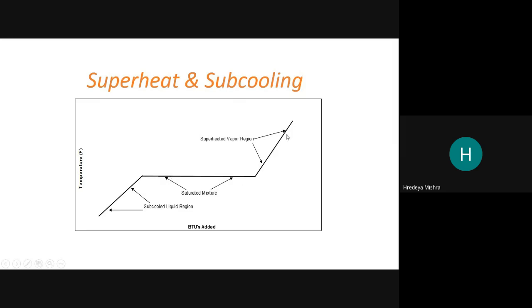And this is our superheated region, where the temperature increases but the BTU added is not much. See how much the difference is here. The BTU change is very fast. A large amount of BTU is needed.